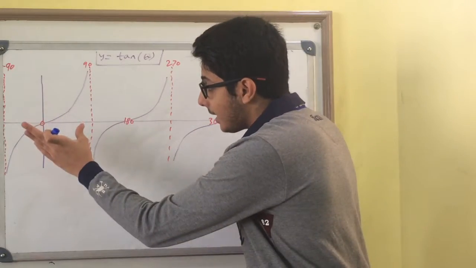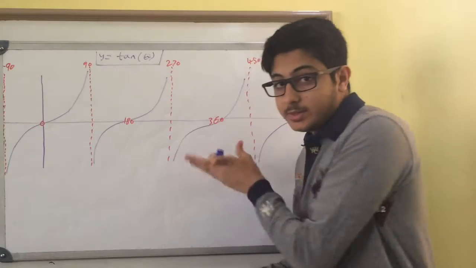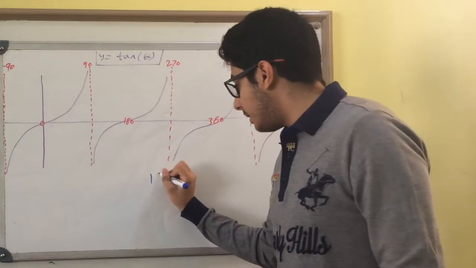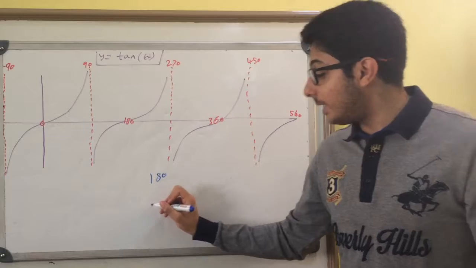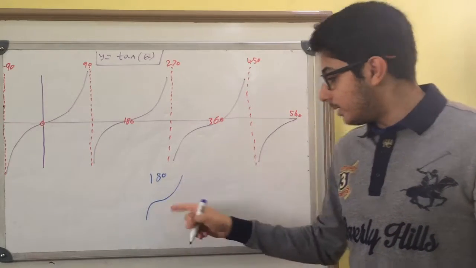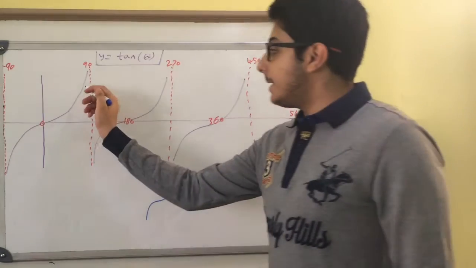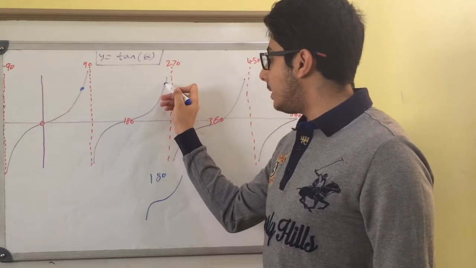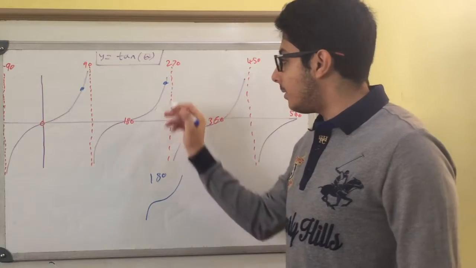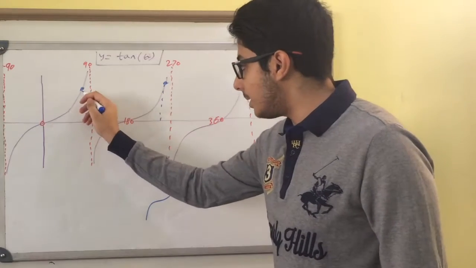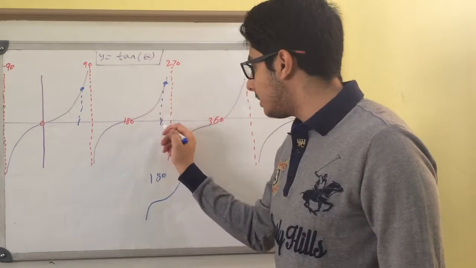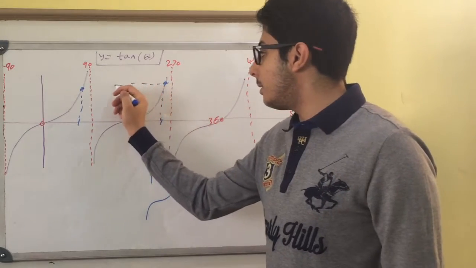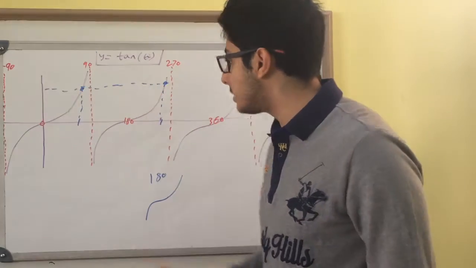Because it is periodic, just like the sine and cosine graph, the pattern repeats every 180 degrees this time. This is the pattern. The angle here and the angle here give the same y value, just like the sine and cosine graph.